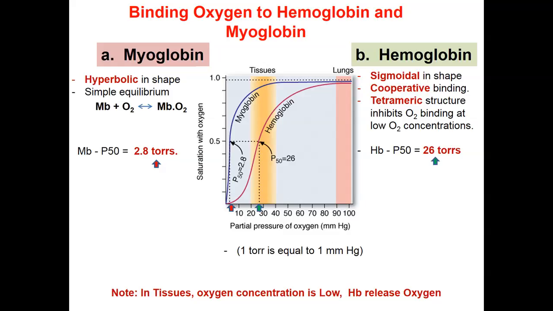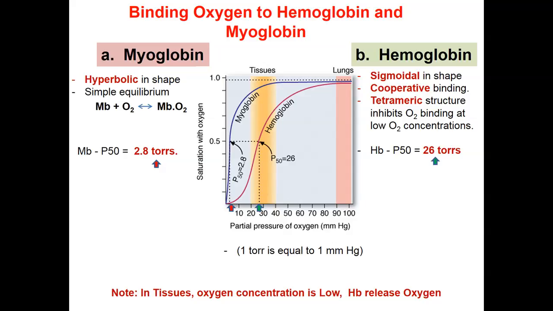Look at the myoglobin at that point. How much saturation at that point? At this concentration, it's almost 100%. So at the point when the hemoglobin releases oxygen, myoglobin binds to it.